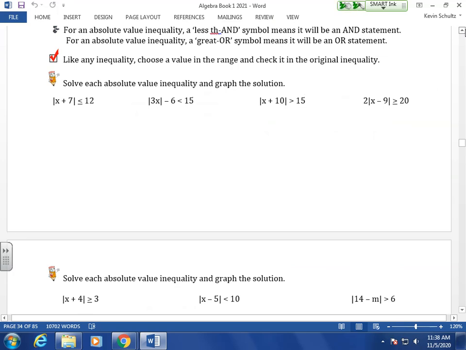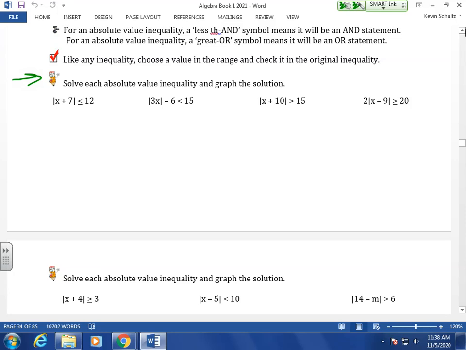It says solve each absolute value inequality and graph the solution. So these parts you could not put on a help sheet because it's under the pencil section here. Starting with the absolute value of x plus 7 is less than or equal to 12. Are the absolute value bars by themselves? Yes. So we're going to go straight to our compound inequality. What type of inequality are we going to have here? And or or? And we know that because of the less than symbol.